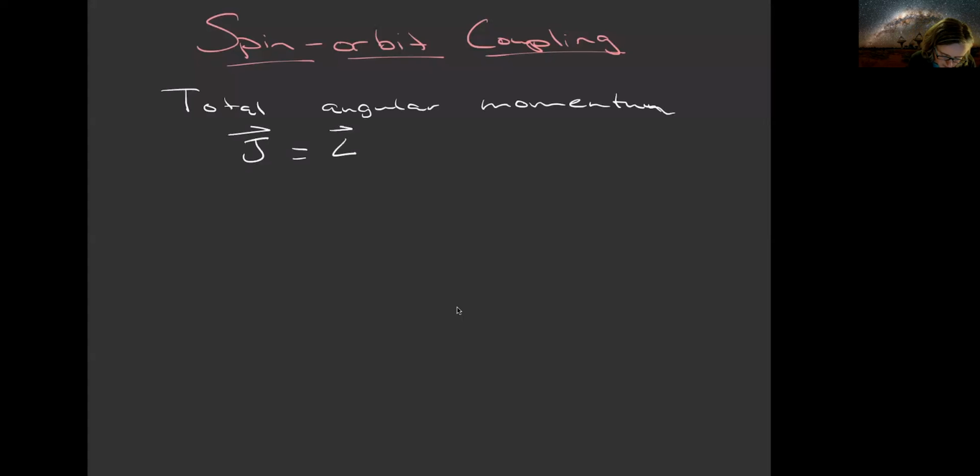So let's see how this works. We're going to be considering the total angular momentum J, which is of course the orbital angular momentum plus the spin.